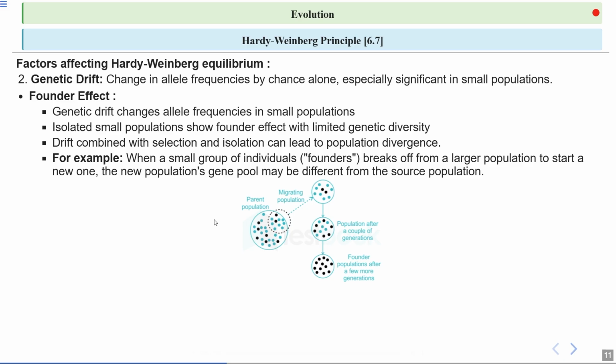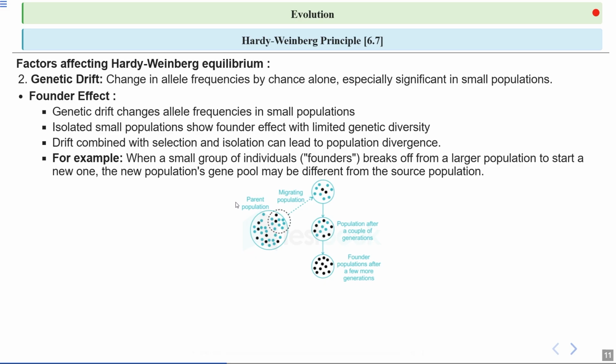This is the migrating population. Now they have colonized a certain area, and they will increase in number. So this is the population after a couple of generations, and then you can see these founder populations after a few more generations.